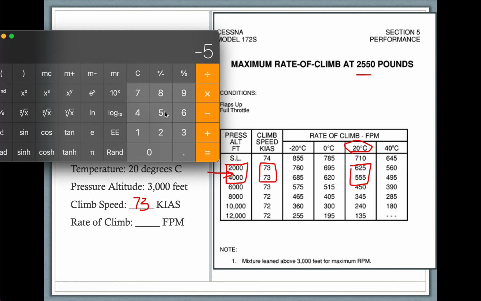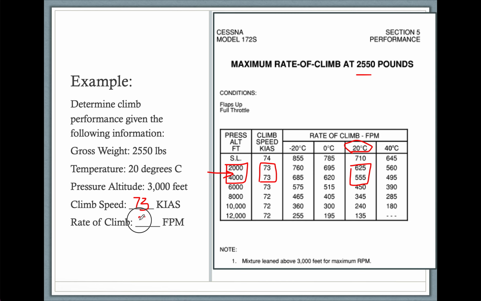So 625 minus 555, there's 70 feet difference between those two numbers. Half of that is 35. If I add that to the bottom value, there's my answer, 590. So exactly halfway between those two numbers is the number 590.